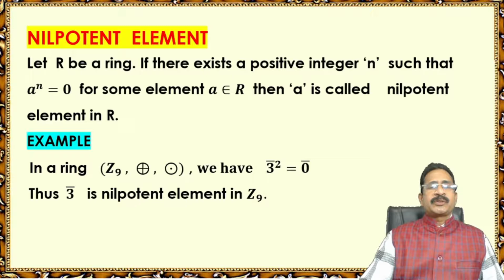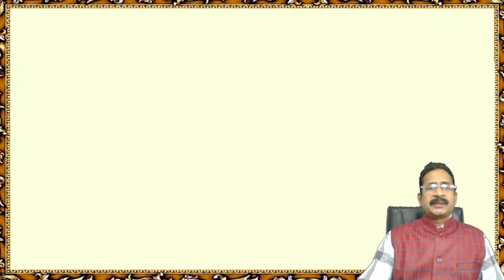Here 3 square is equal to 0 bar. 3 square is 3 multiplication modulo 9, 3, that is 9. 9 divided by 9, the remainder is 0. So that's why we write here 3 square is equal to 0 bar. Therefore 3 bar is a nilpotent element of Z9.